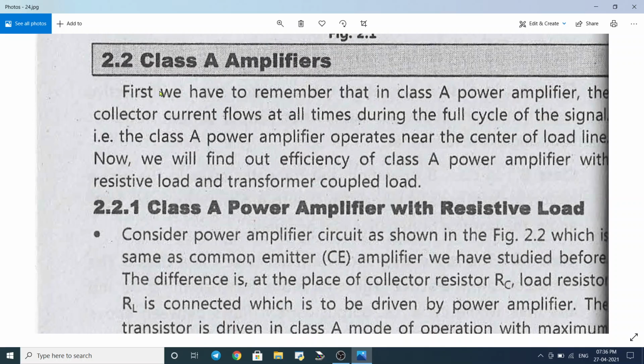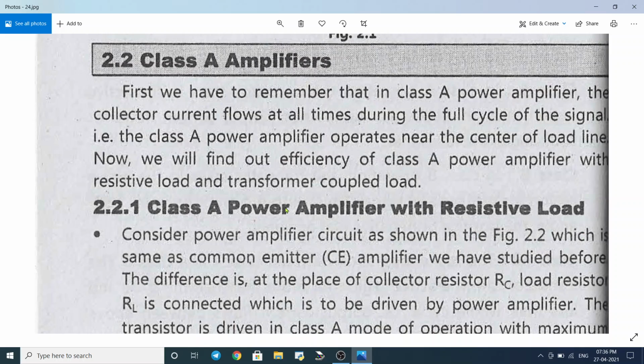So in class A amplifiers, the first point is class A power amplifier with resistive load.